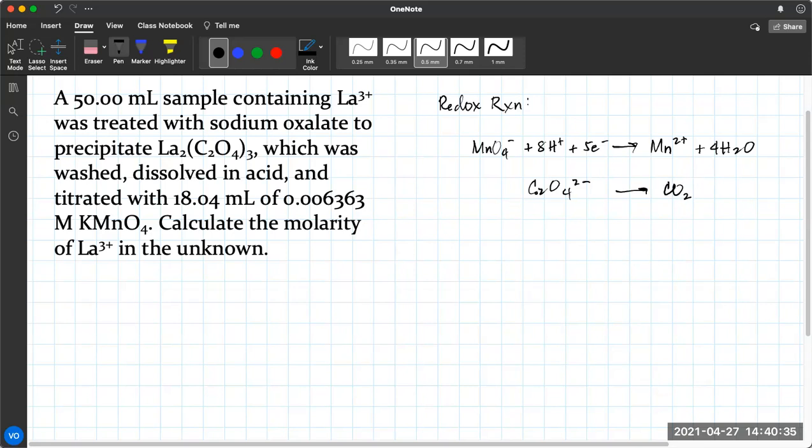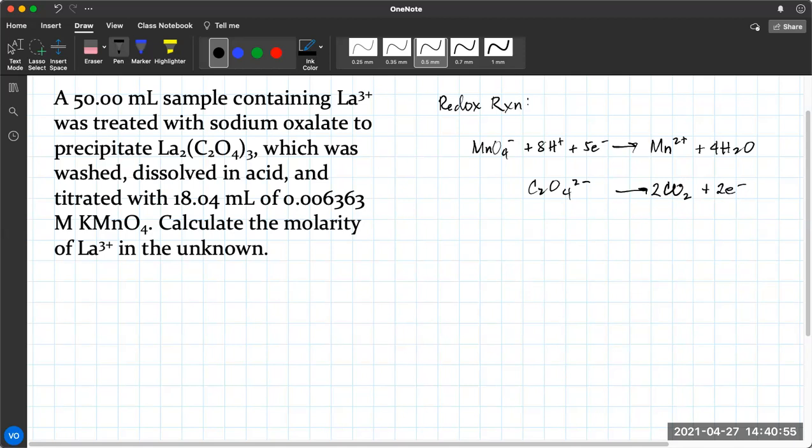Again, we balance the carbons, so this is times 2, and we have also balanced the oxygen. Next, we need to balance the charges. This has a negative 2 charge, and therefore we need to add 2 electrons on this side of the equation.